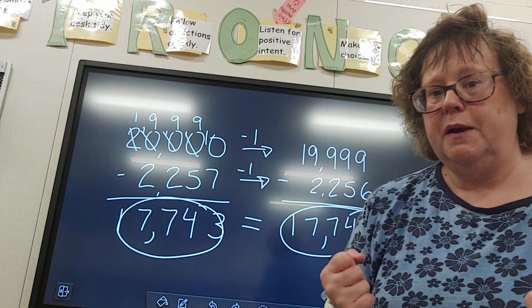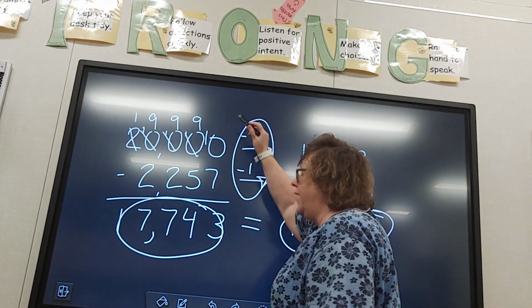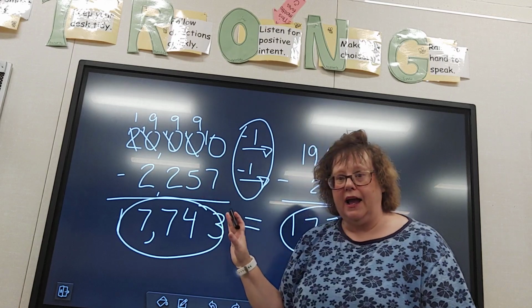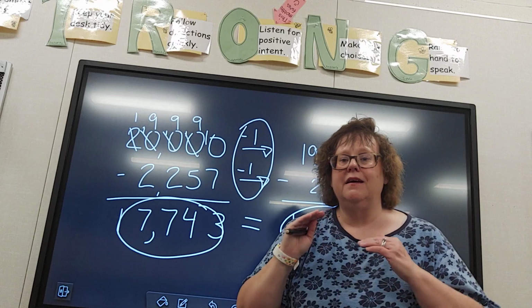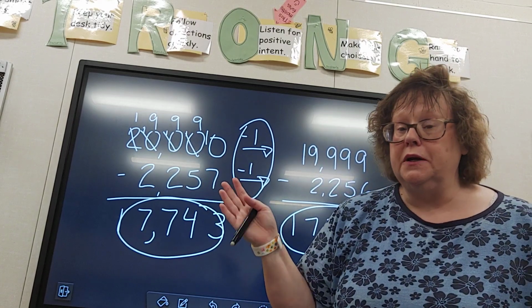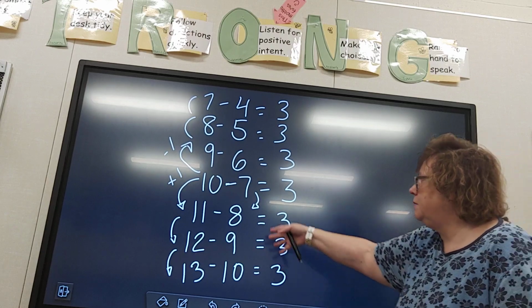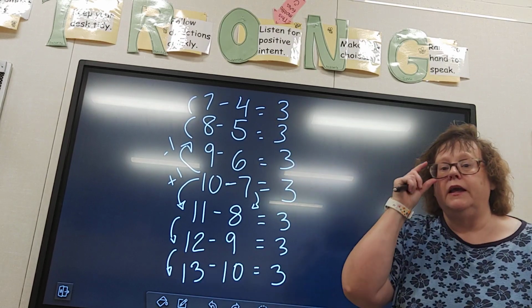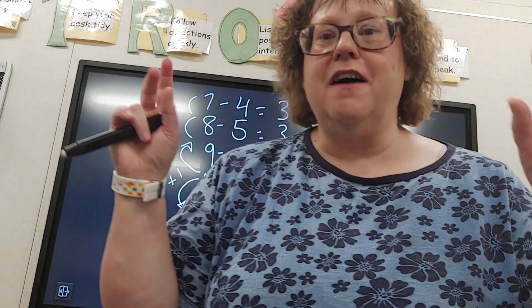You just have to remember the law of conservation states that whatever we add or subtract to each number has got to be the same. As we learned back here with simple numbers, it can be any number, but you have to change both numbers. Good luck. Have fun. Think mathematically, not magically.